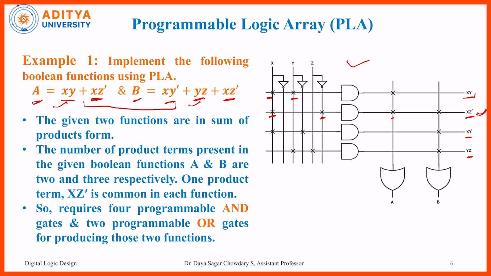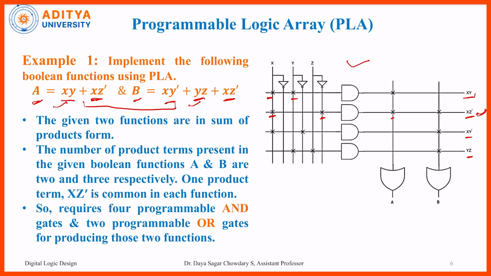The given 2 functions are in sum form, that means SOP forms, and the number of product terms in the given Boolean functions A and B are 2 and 3 respectively. We already know the 2 terms here and 3 terms here, and 1 product term xz bar is common to each function.